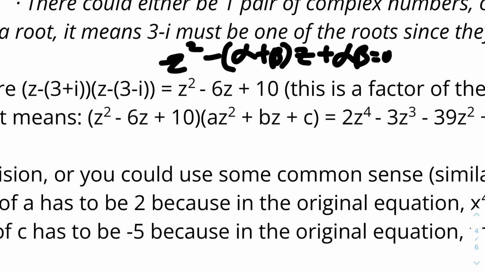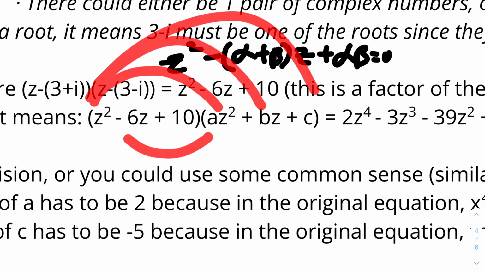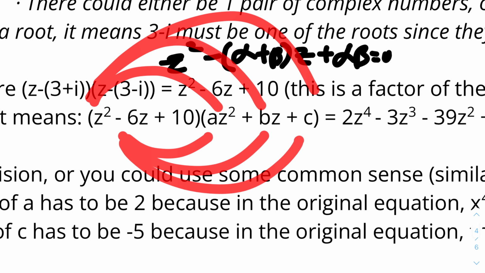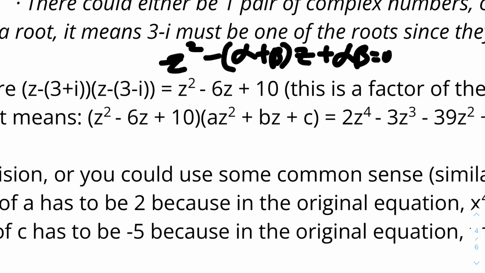To expand brackets, you basically have to multiply this and this, plus this times this, plus this times this. There are some terms that can only be made in one way. We have this 2z to the power 4 right here.